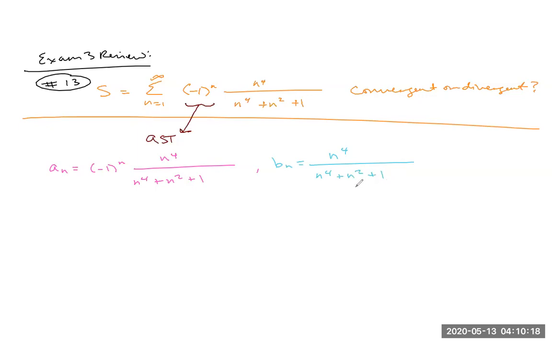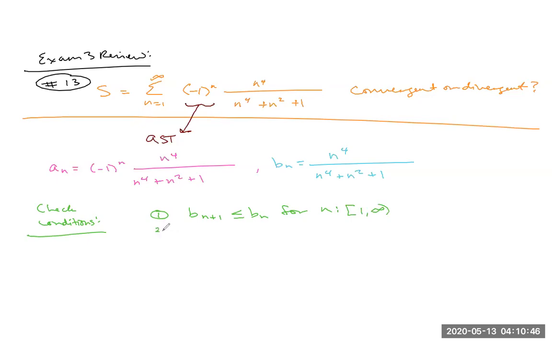Let's check our conditions. Okay, so the first condition, B sub n plus 1 is less than or equal to B sub n for n from 1 to infinity.